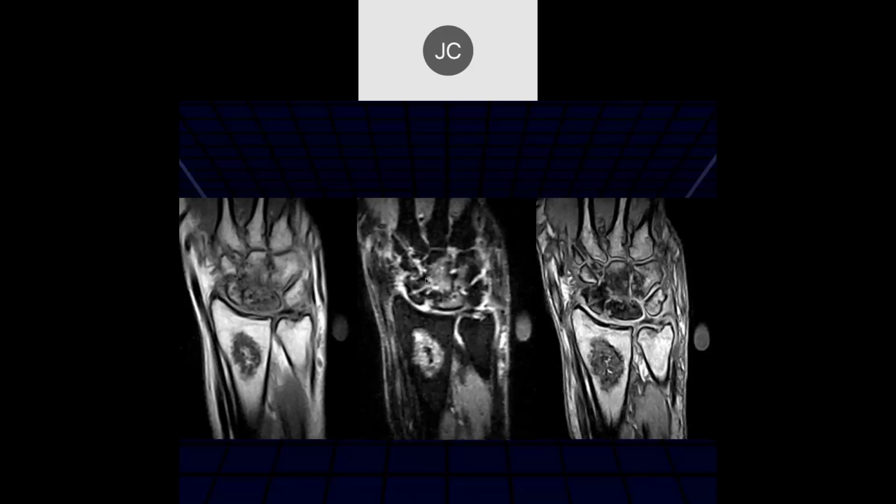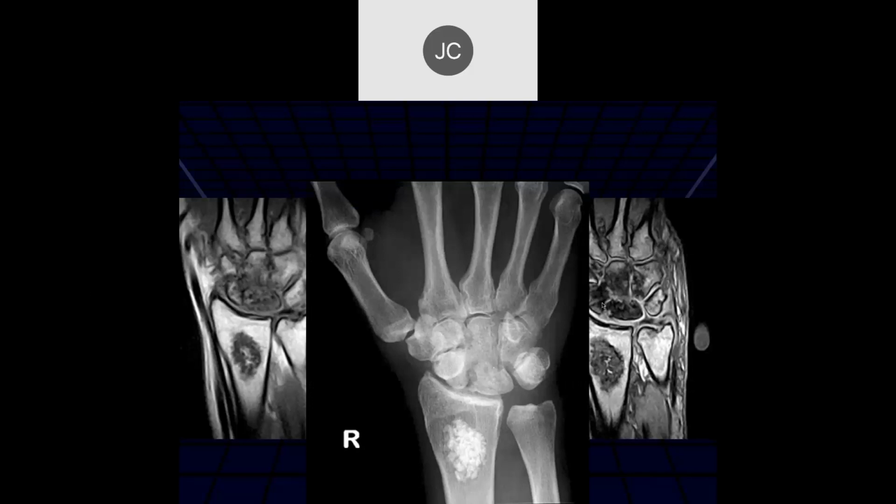You've got a lot of edema in the capitate and hamate as well, and poor visualization of the cortical margins and the articular surfaces. There's a plain film view. There's something down here. So what do you think might be going on here? Some sporadic lesion there.